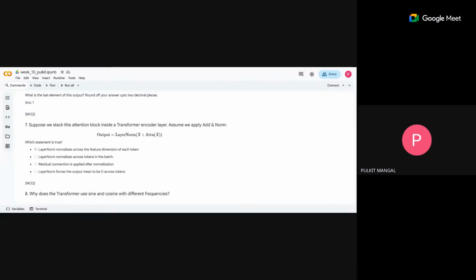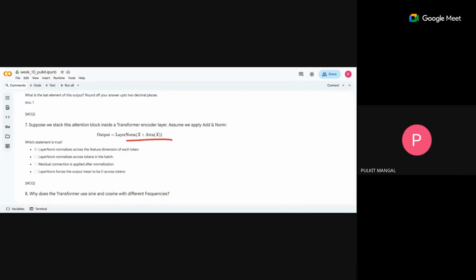Layer norm normalizes across which dimension, batch or feature? Feature, yeah, correct.